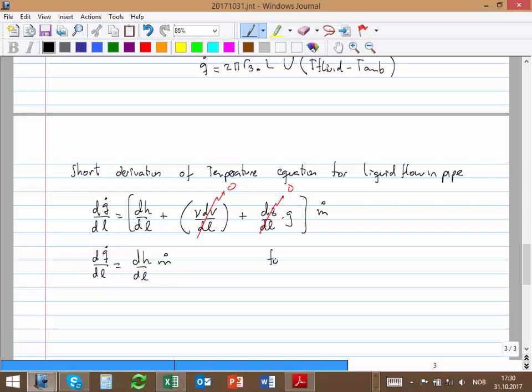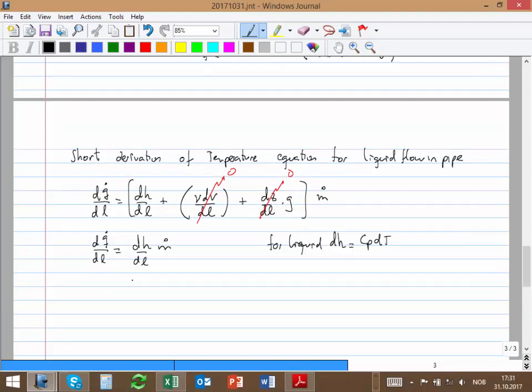Then for liquids, you know that dh is equal to cp dT. So we end up with dT/dl times cp times m, and then we have the q, which is the expression we already defined.